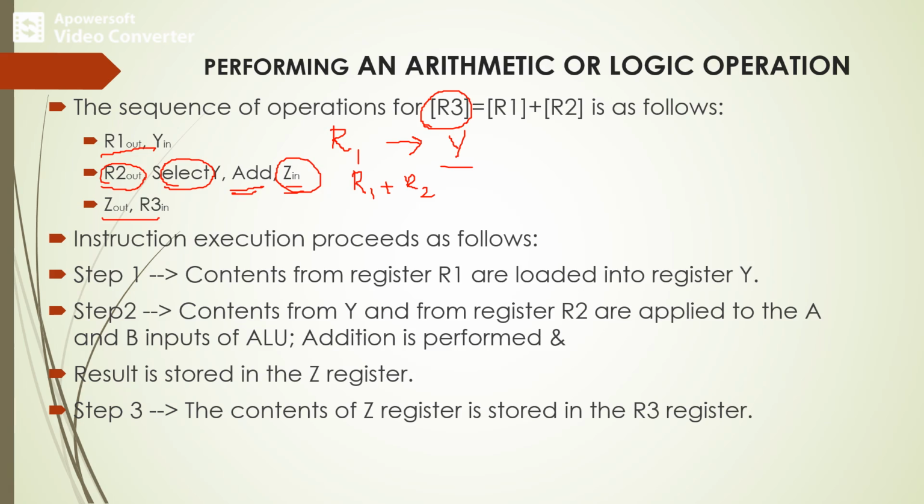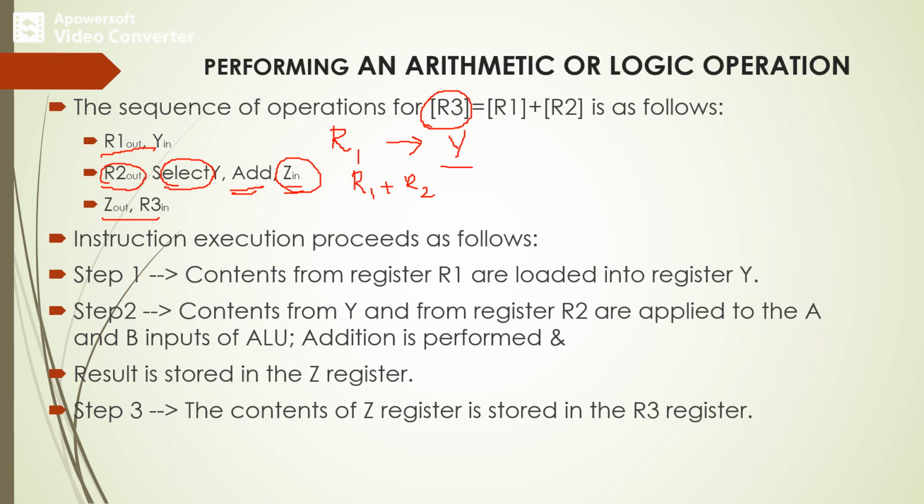So this is how we can perform the series of operations for R1 plus R2 equal to R3 by considering gating signals like R1 out, R2 out, Z out, R3 in, Z in, etc.